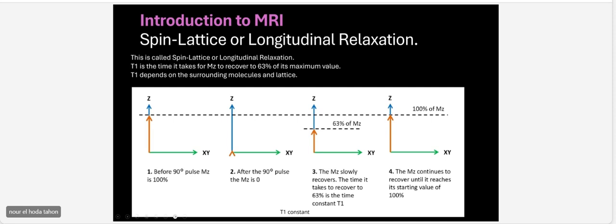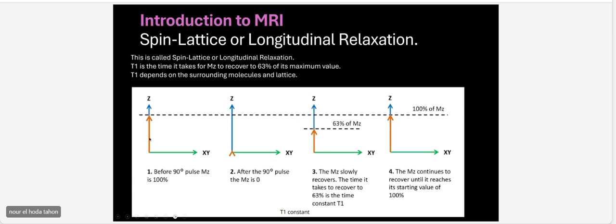This is named the spin-lattice or longitudinal relaxation. We said originally the magnetization should be along the z-axis, and when we have a radio frequency pulse, it flips to the transverse side. But in between, the z-axis component starts to decrease and relax.